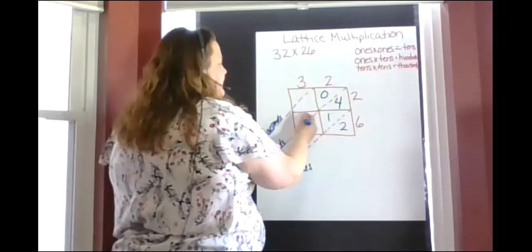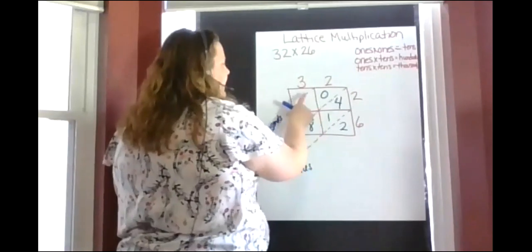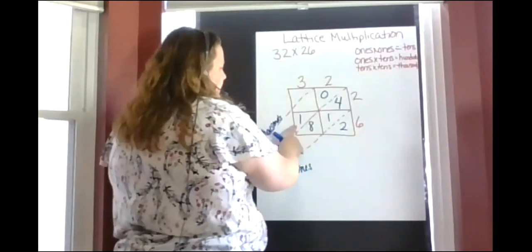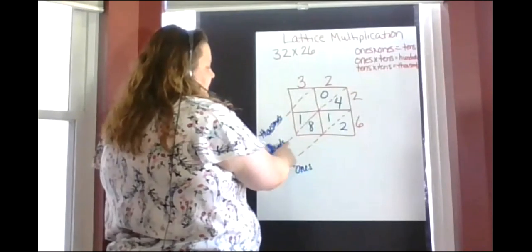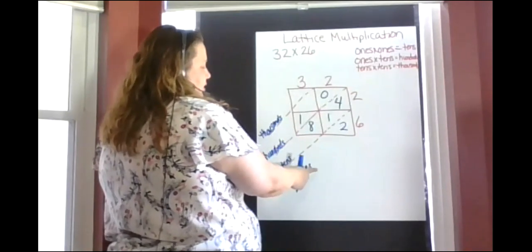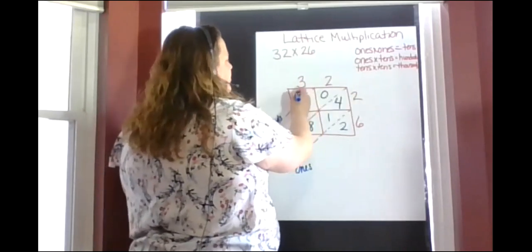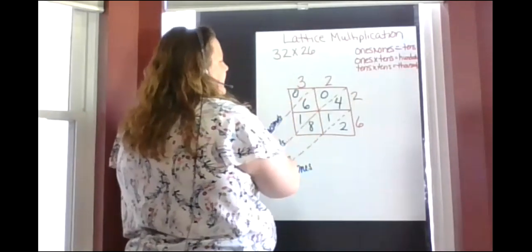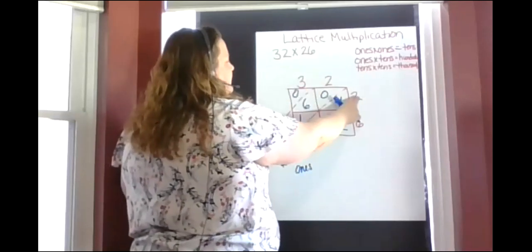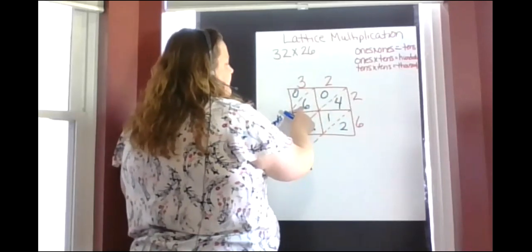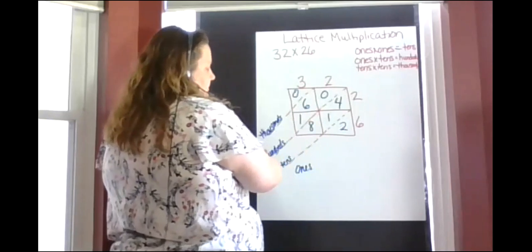Now we're going to move over here. We have 3 times 6 is 18. This is really 30 times 6, so it's 180. So 180 and a 0 in our ones place. And this is 3 times 2 is 6, but it's 30 times 20 is 600.